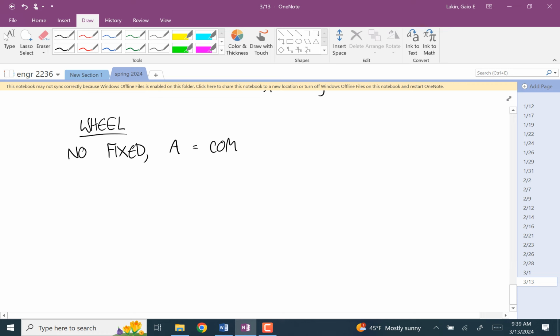Okay. And what are we going to call the moment of inertia? I didn't say anything about it being necessarily a disk. Let's keep it pretty general, and then we can think about different shapes later.